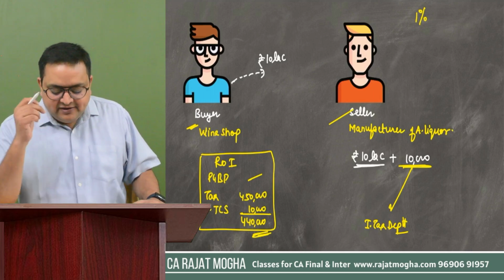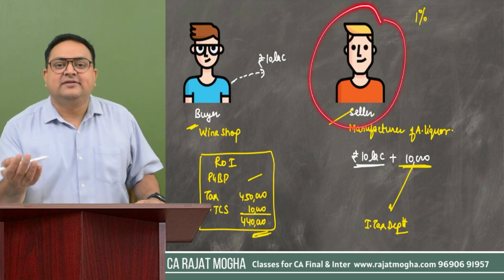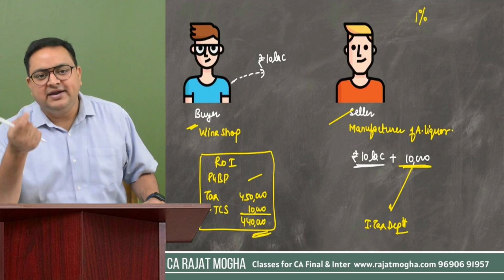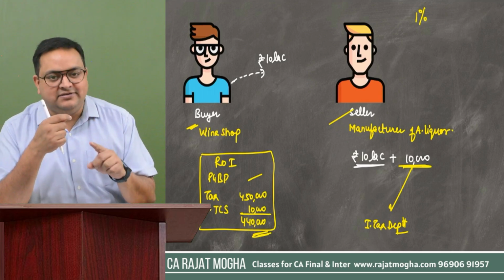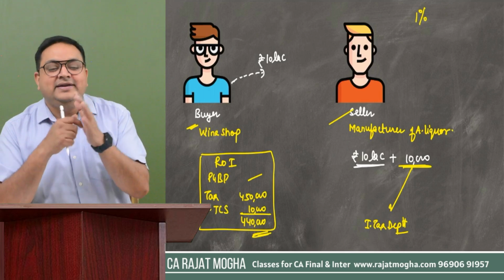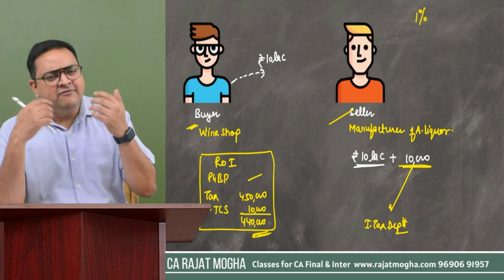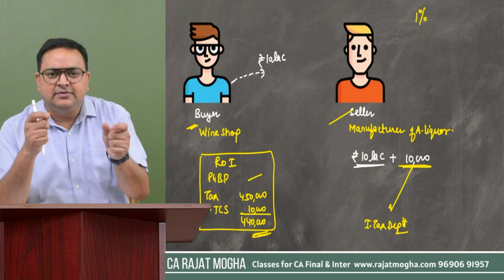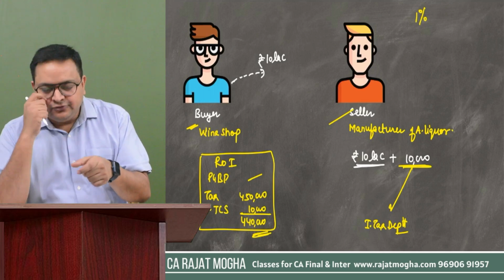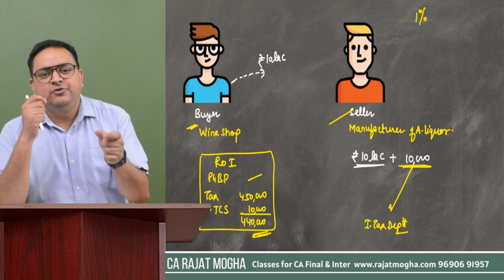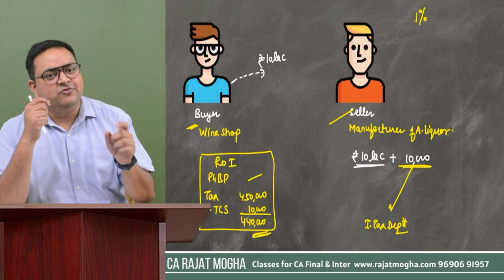So here we understood that the person who collects the amount will collect something extra, if TCS is applicable on that transaction, because I have already said that TCS is not applicable on every type of goods, every type of services. The scope is very, very limited. Only few. I'll make you read also. There are only few types of goods or very few types of services where TCS provisions will apply.